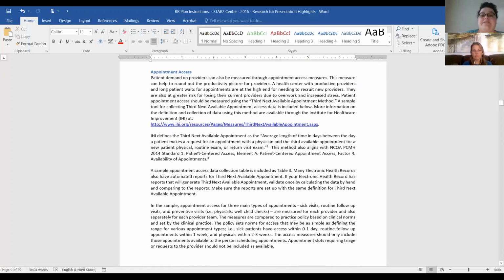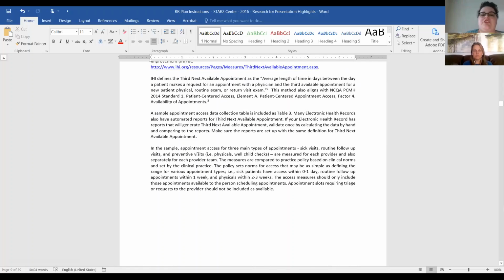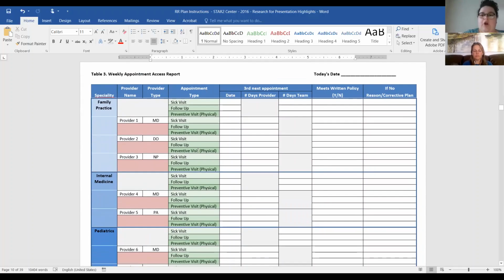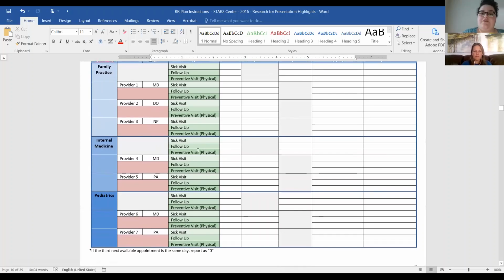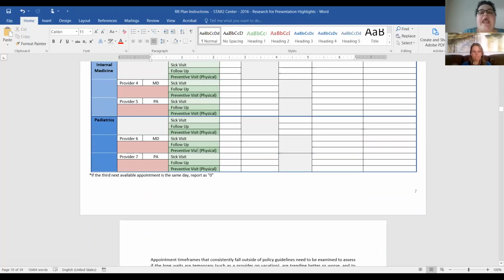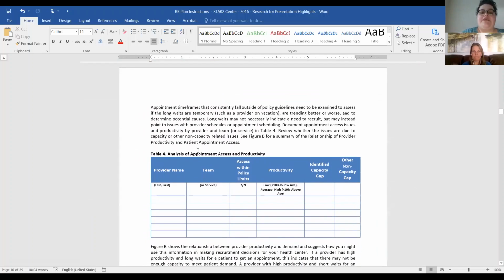The appointment access section, as I talked about, always has a description of what that section is. Then there is a chart, and usually it has an example of how to fill out the chart, or at least instructions. So you can pull this and give it to your health centers if they need it, or the health center itself could just go to the STAR Center and have this information.